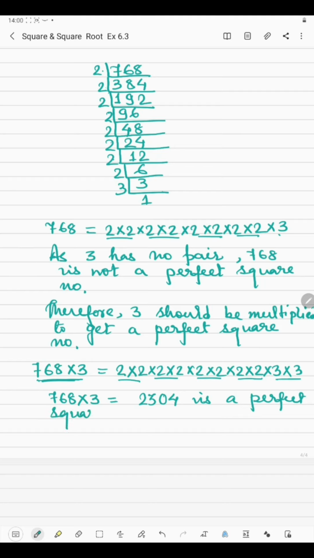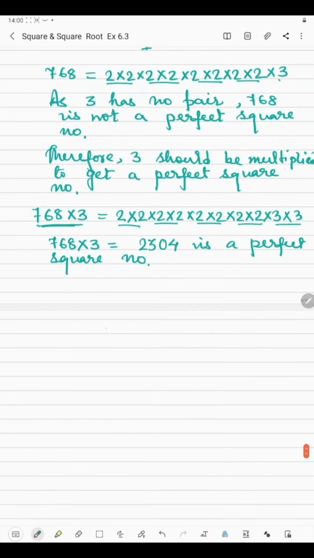Okay, now in the next part we will have to find the square root of this. So the square root of 2304 will be, here we have total 8 2s, 1 2 3 4 5 6 7 8 and 2 3s, 1 2. So this is under the square root. So from the pair we'll take one number to find the square root of 2304.